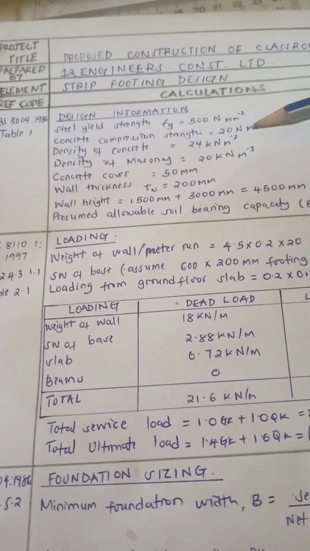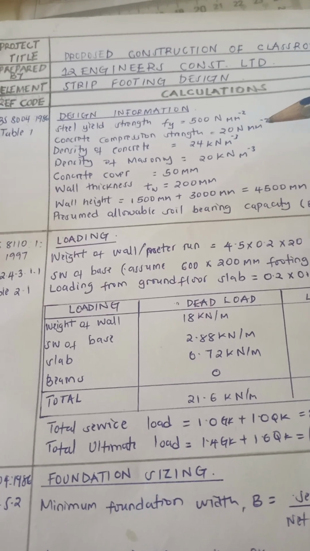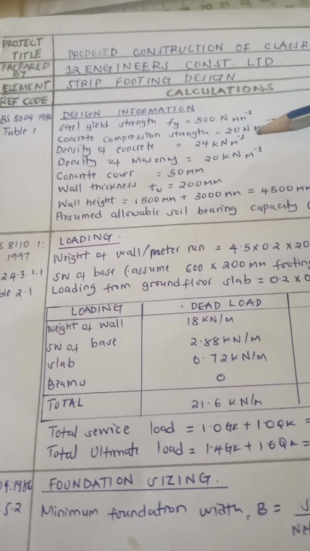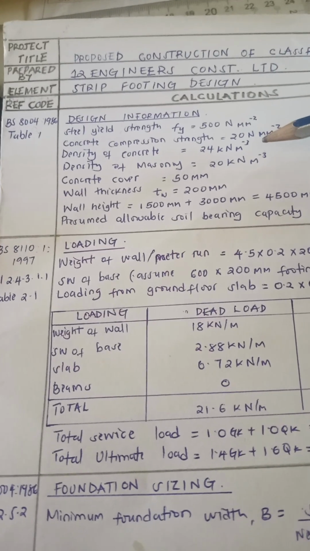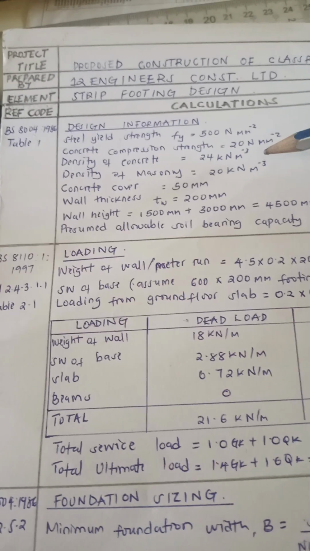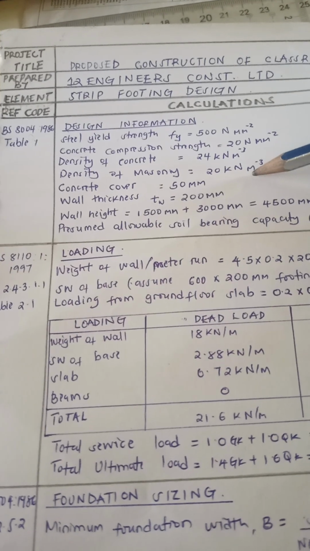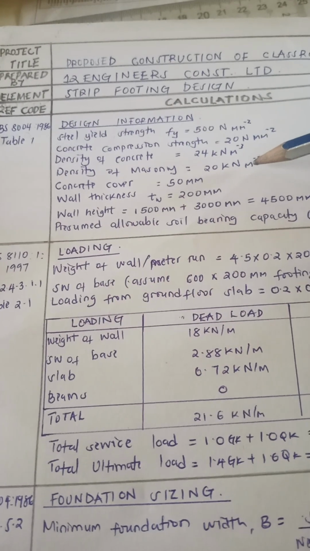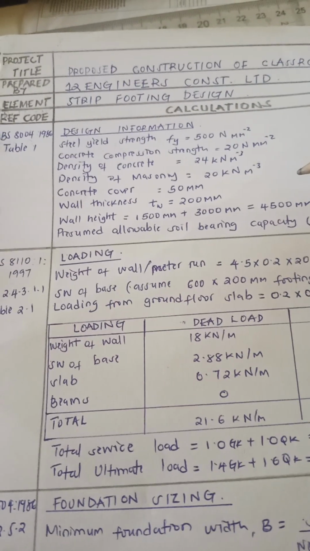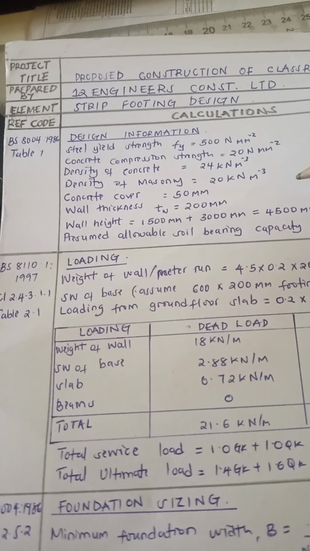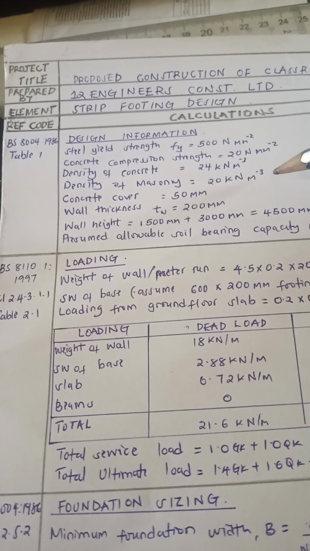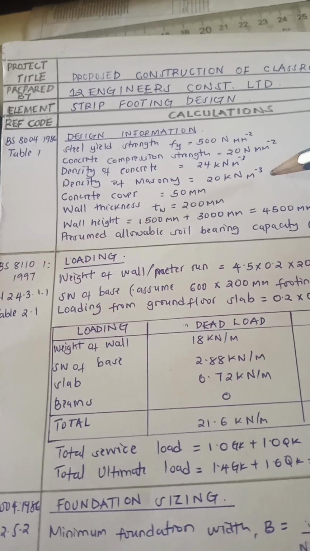Your concrete compression strength, density of concrete, of course, is usually 24 kilonewtons per meter cube or 25 for a reinforced one. You'll have the density of masonry. At that point, Bromtech tested the density of the masonry he was using and found it to be 20 kilonewtons per meter cube.